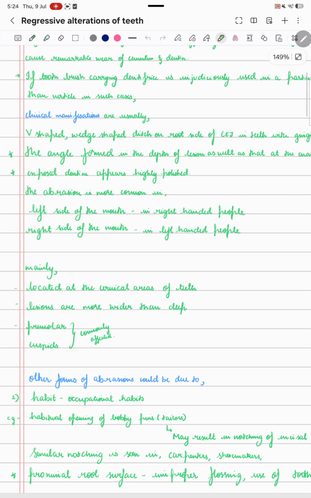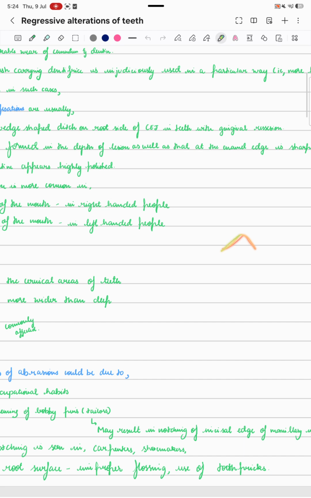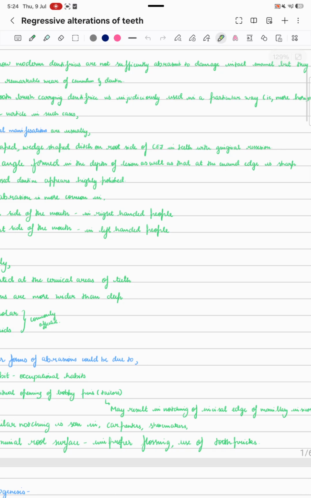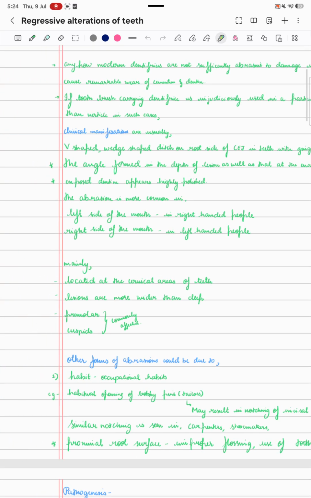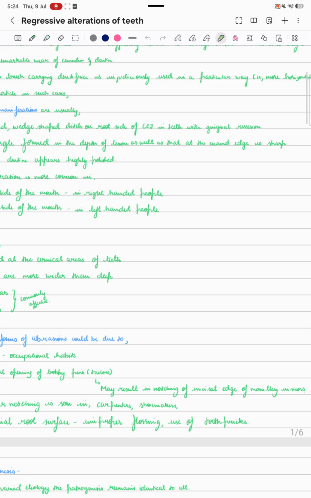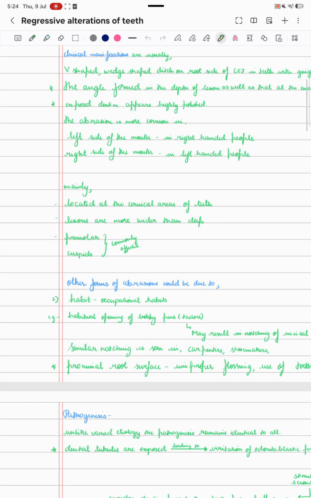It is a V-shaped lesion, usually like this. The angle formed in the depth of the lesion as well as the enamel edge is sharp. Exposed dentin appears highly polished.